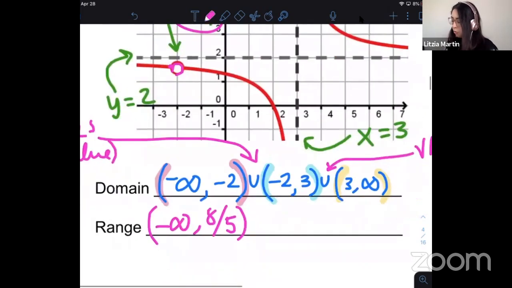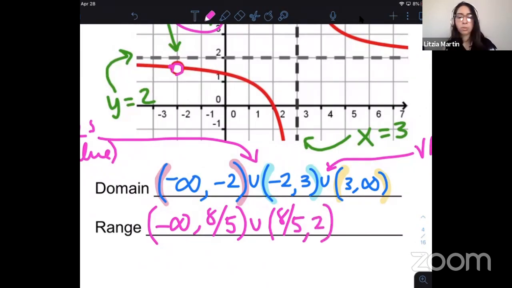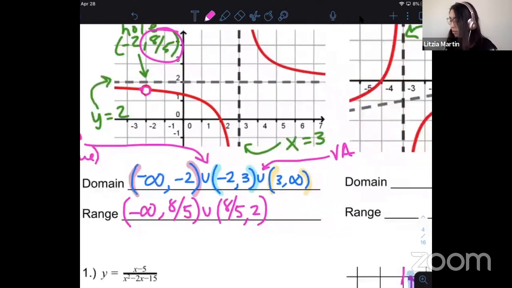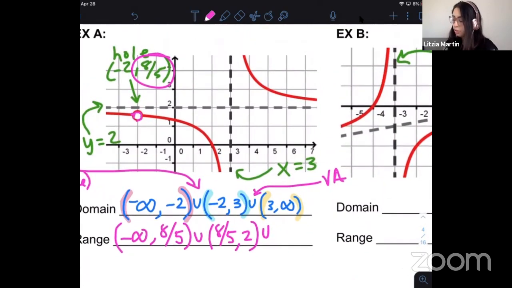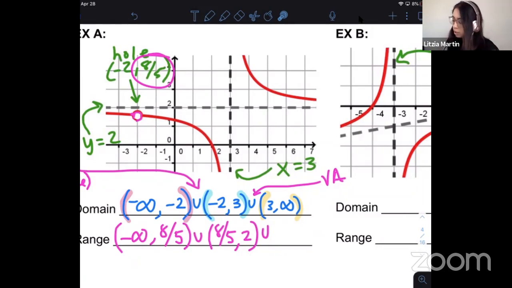So it's going to go from 8/5 to 2. And then after 2, this part of the graph is going to keep going this way. Nothing's going to happen after 2 over there. But remember, we're following the y-axis.